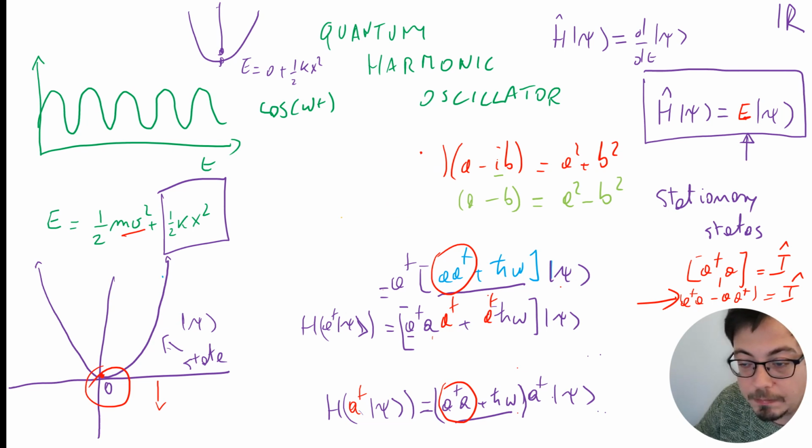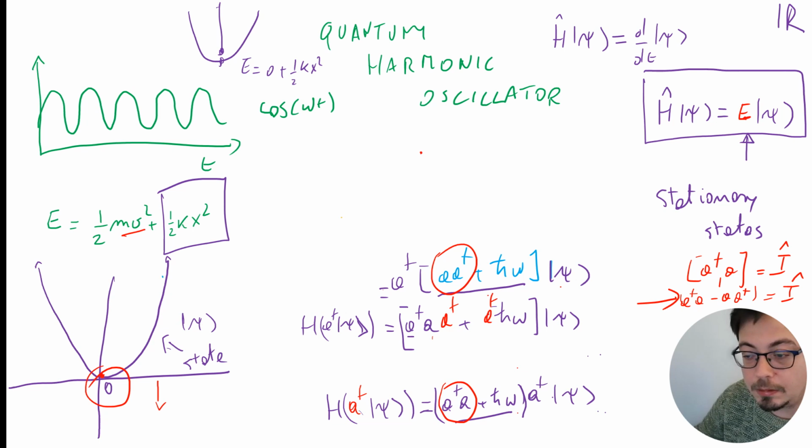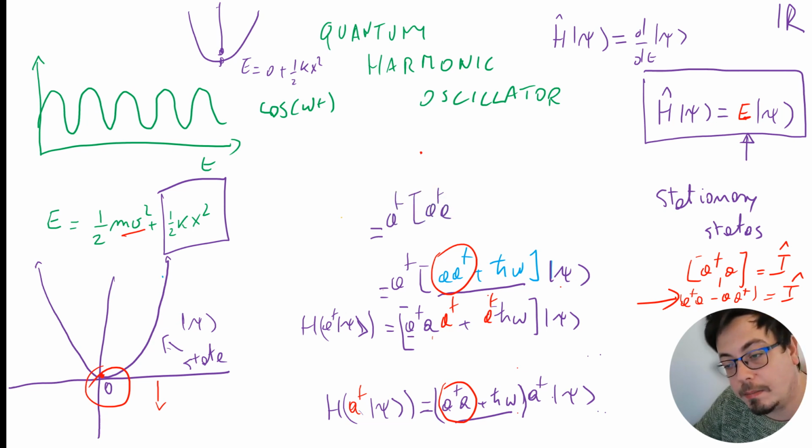This can be, okay. Maybe I messed up the unit, but anyway, A dagger A plus 1 plus H bar omega.